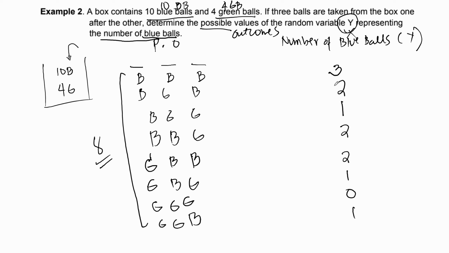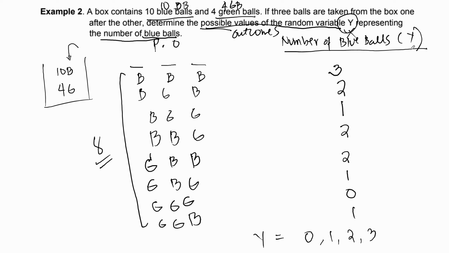So, therefore, para i-conclude itong example 2, the possible values of the random variable are 0, 1, 2, and 3. Okay? Y is equal to 0, 1, 2, and 3. Kasi yun yung values na nandito sa ating other column, or dun sa column ng number of blue balls.